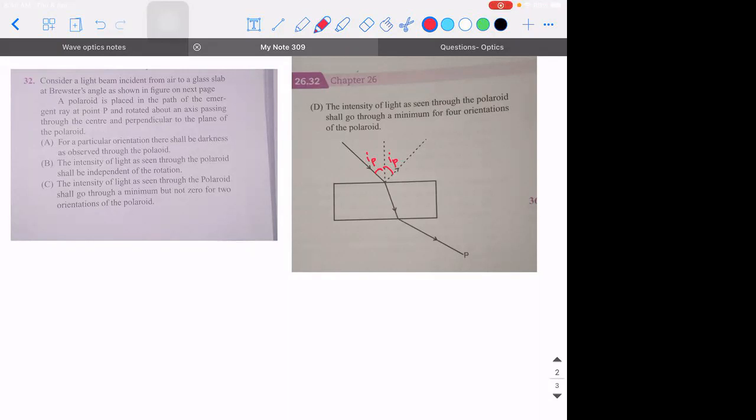For a particular orientation, there should be darkness as observed through the Polaroid. So tell me one thing. This is unpolarized light. So this is going to be completely polarized light. This is partially polarized. This is also partially polarized.